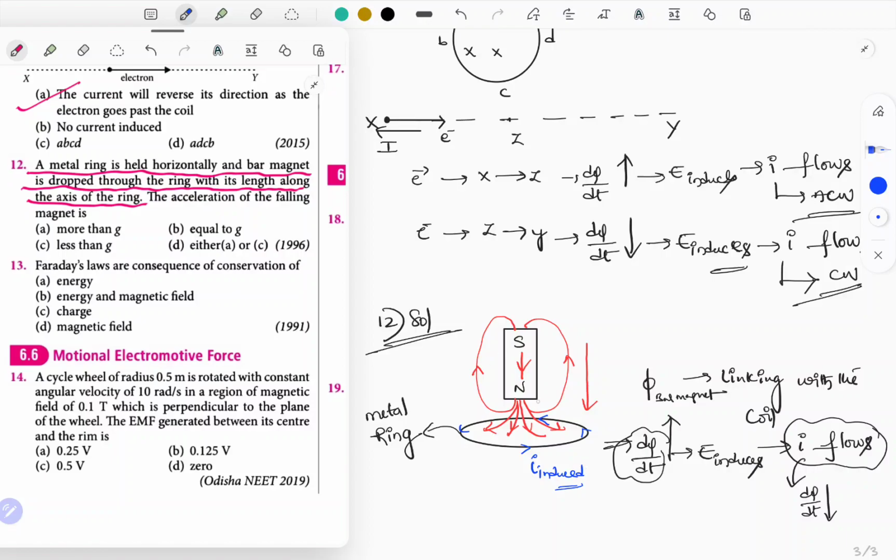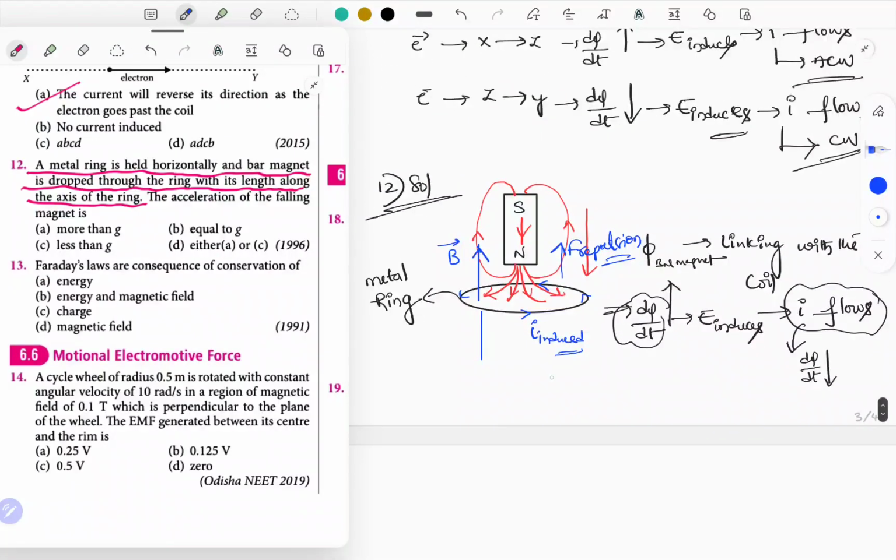So what is the direction of the magnetic field produced by this current carrying loop? This is how it is. Is this opposite to the magnetic field of this bar magnet? Yes, it is. Then an opposite repulsion force will act on this north pole. In which direction? Upward direction. If repulsion force is acting, then acceleration is not going to be g anymore.